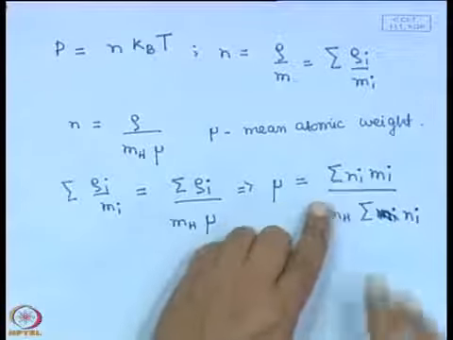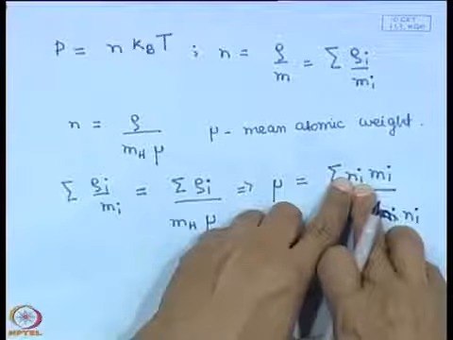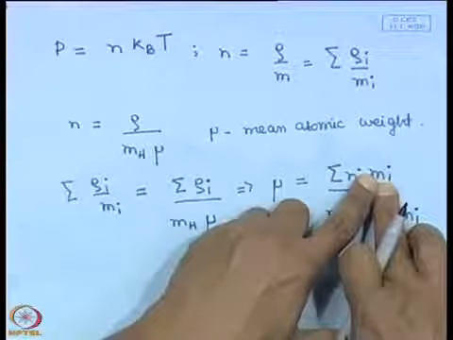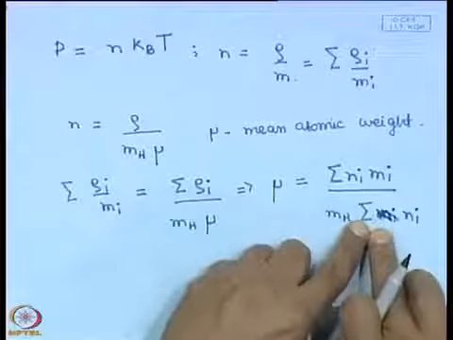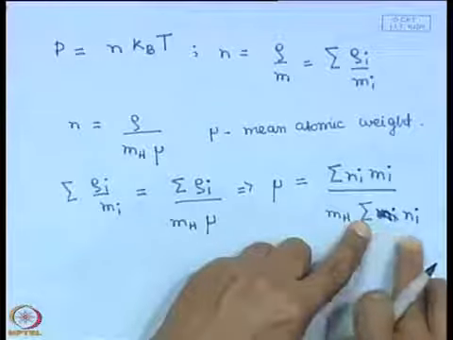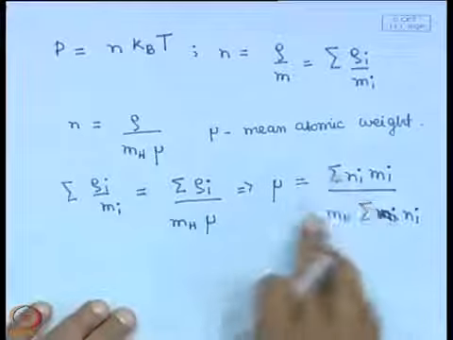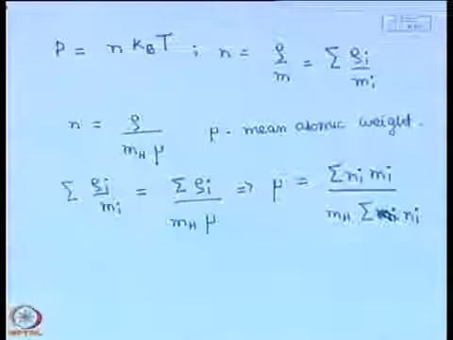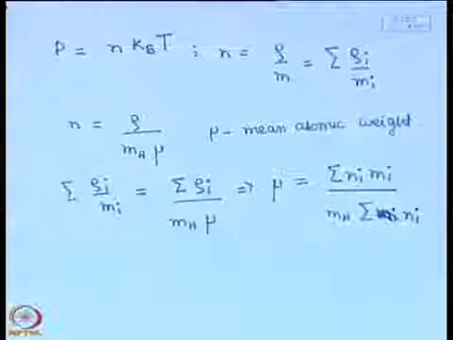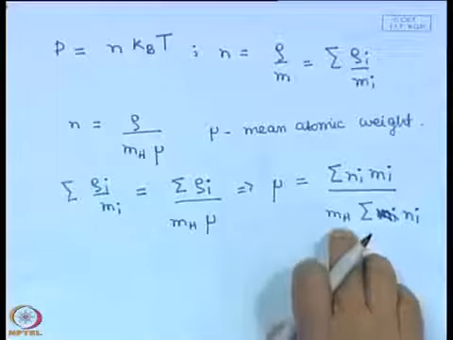So it is essentially the number density of each species times the mass of each species, divided by the sum of the number densities of all the species times the mass of the hydrogen atom. That is what you mean by the mean atomic weight, in units of the mass of the hydrogen atom.